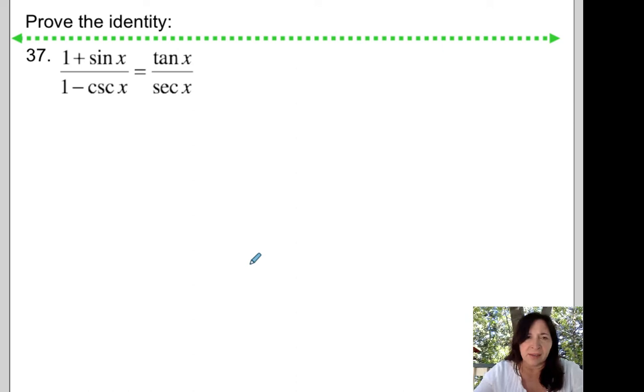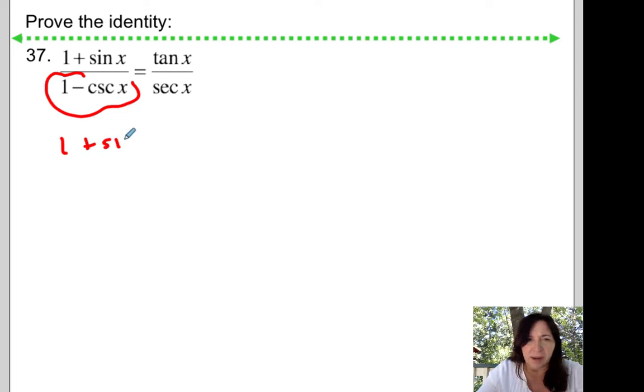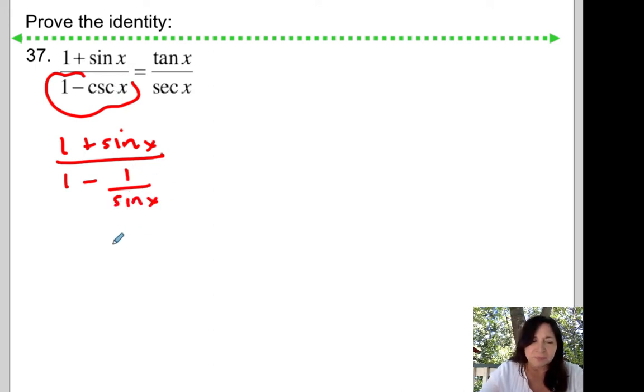The next identity is this right here. And before I solve this one, I'm going to try to simplify my denominator. So we're going to go 1 plus sine of x all over this right here, which is 1 minus cosecant, which is 1 over sine of x.